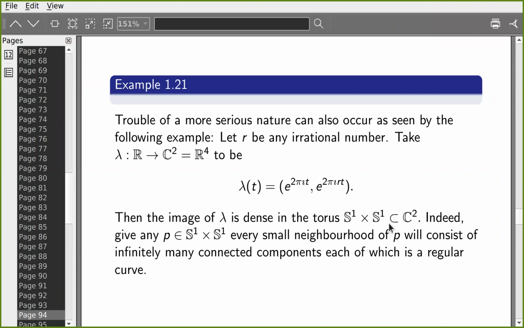What is its image? Its image is some subset whose closure is the whole of S1 cross S1. In other words, the image is dense in S1 cross S1. Therefore, given any point P in S1 cross S1, every small neighborhood of P will consist of infinitely many connected components, each of which is a regular curve.